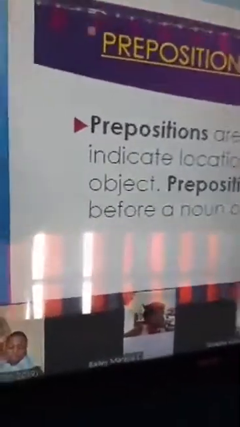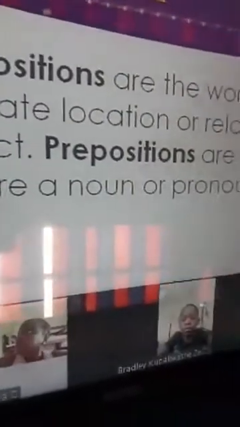A noun is a doing word? Come again. A noun is a naming word. Yes, a naming word. That's correct. So in simple terms, names of something are placed after a preposition. Is it clear?